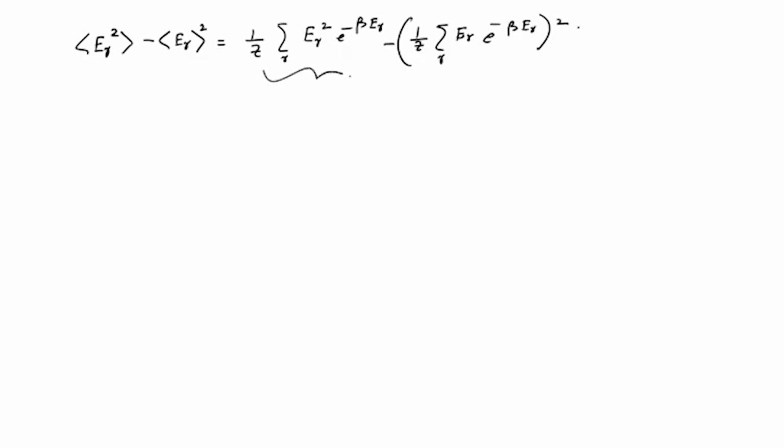So this is the first term, the average of E_r squared, and this is the average of E_r, and then you take a square of that.